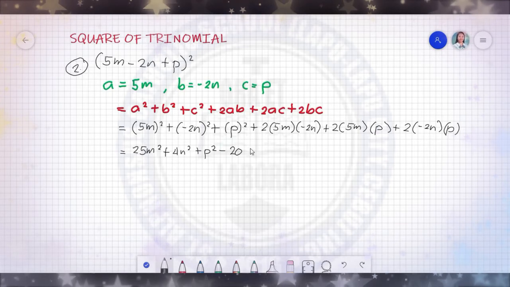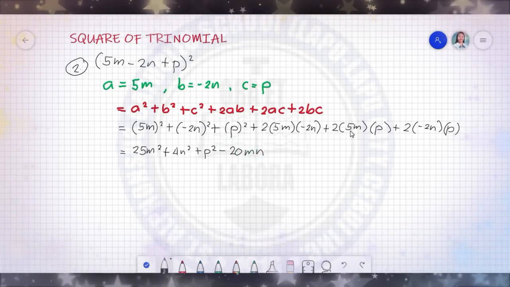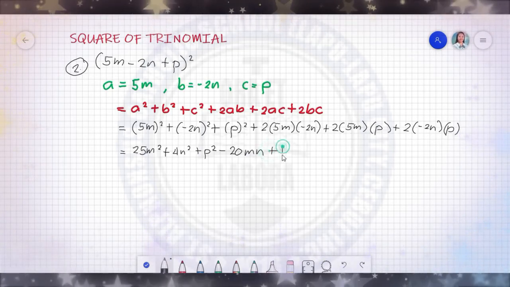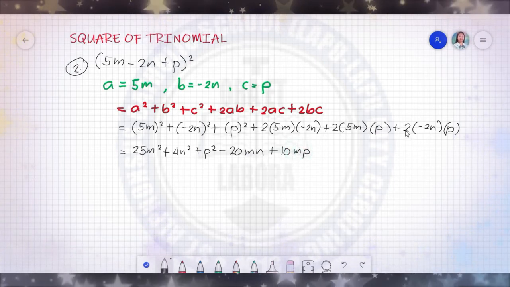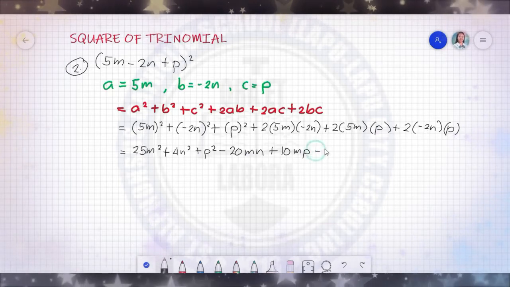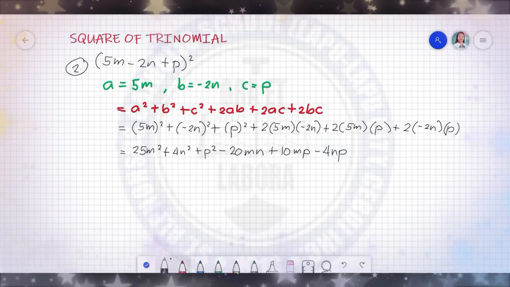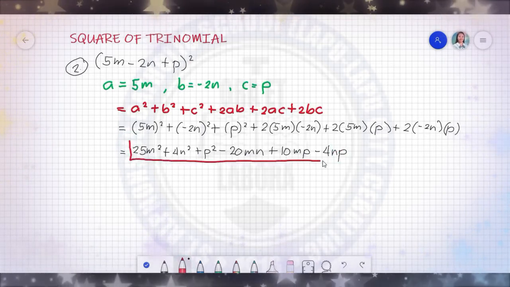Copy the variables, mn. 2 times 5 times the imaginary one here, that is positive 10mp. And lastly, 2 times negative 2, that is negative 4np. And that's it. That is now our final answer.